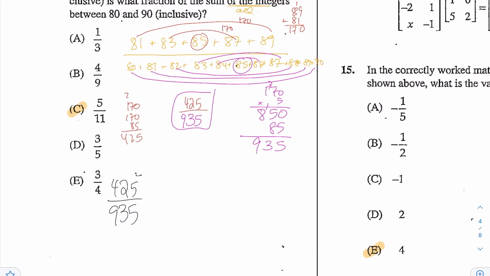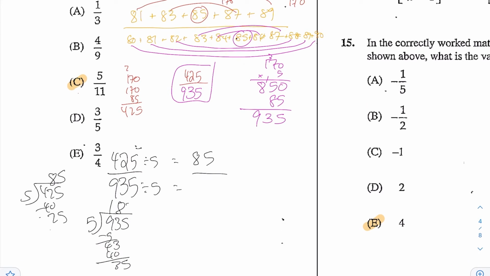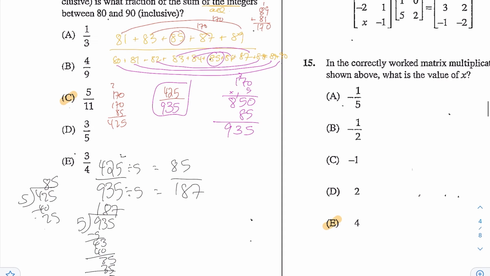So if you divide by 5, then for 935, divide by 5. Okay, so now I want to see if you can divide by anything else.